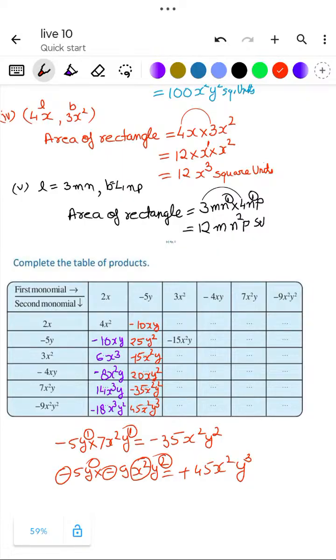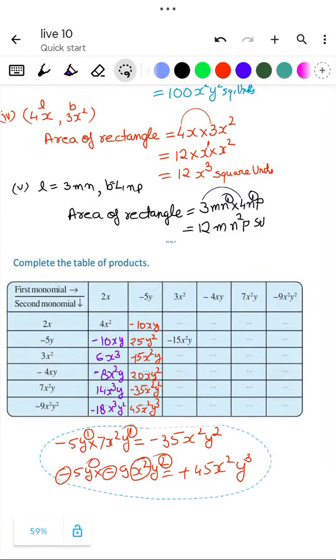Now next one is 3x square into 2x. Okay, so we have to multiply 3x square with 2x and write the answer over here. So let me delete this first.